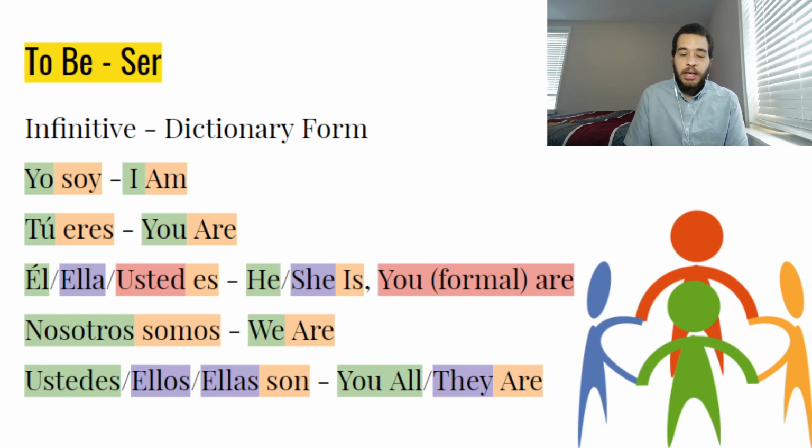Ustedes, ellos, ellas, son. Ustedes is the plural form of you. You can use it both in casual and formal settings. So, ustedes son, you all are. Ellos, ellas son, they are. Ellos is when the group includes at least one male. Ellas is when the group is only females.